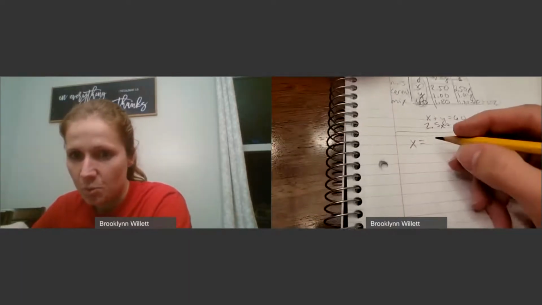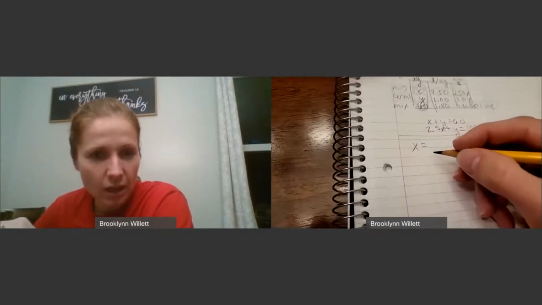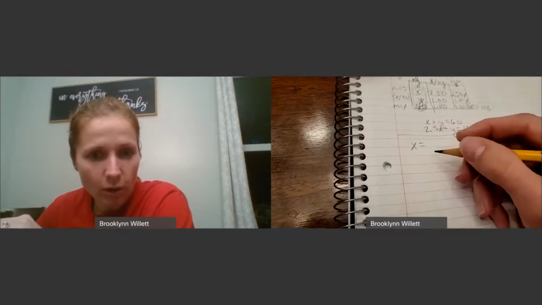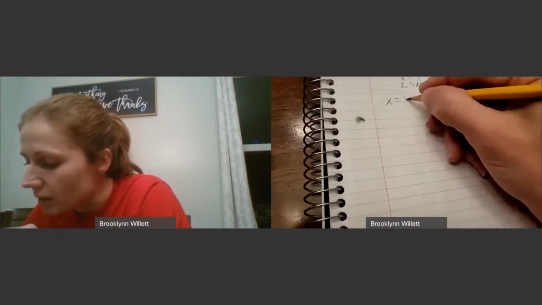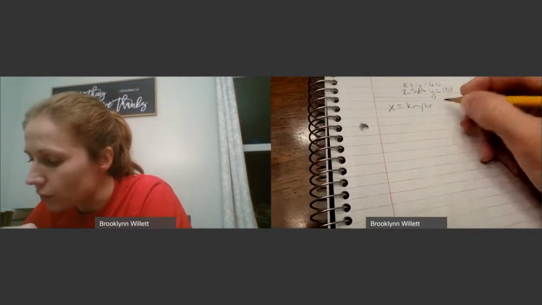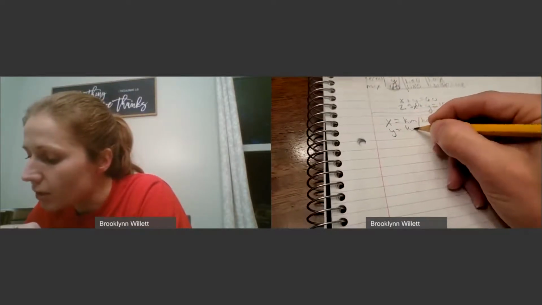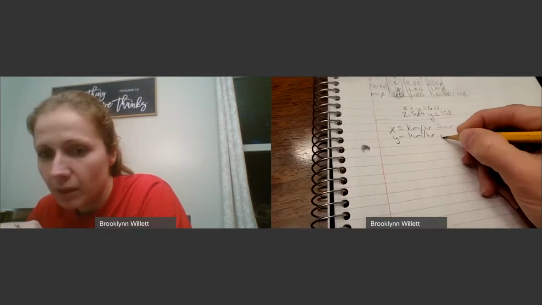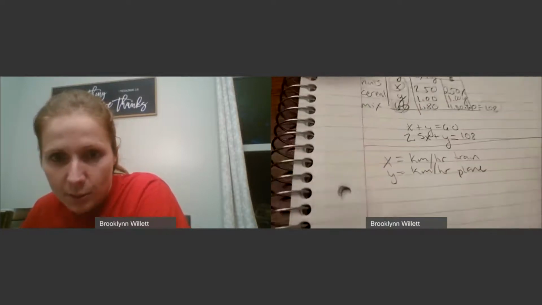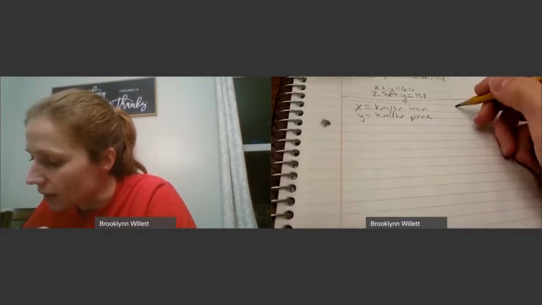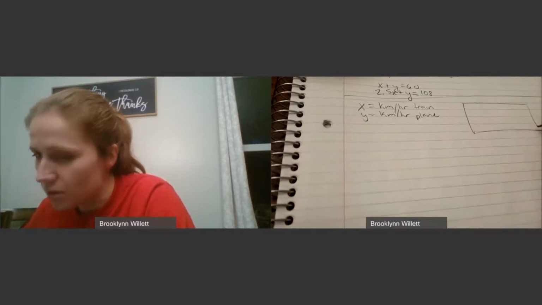And since we're talking speed, they're saying kilometers per hour. So X is going to be kilometers per hour for the train. Then Y is going to be kilometers per hour of the plane. We got that. They did get the table set up for us.